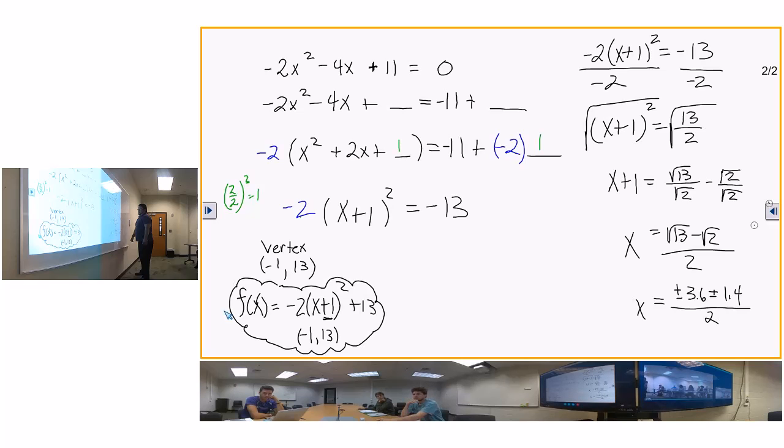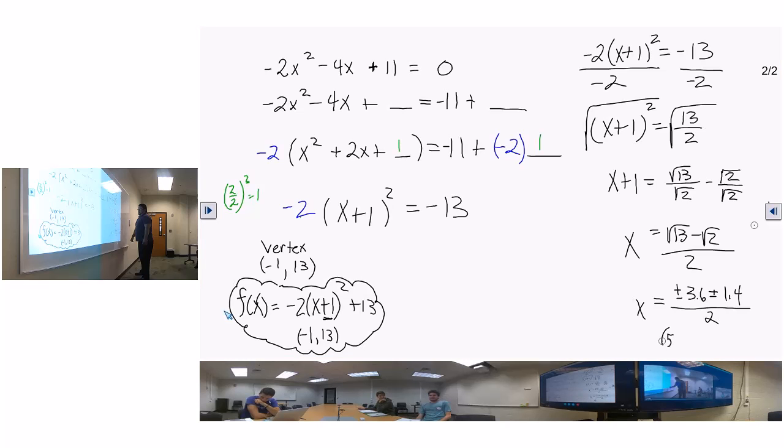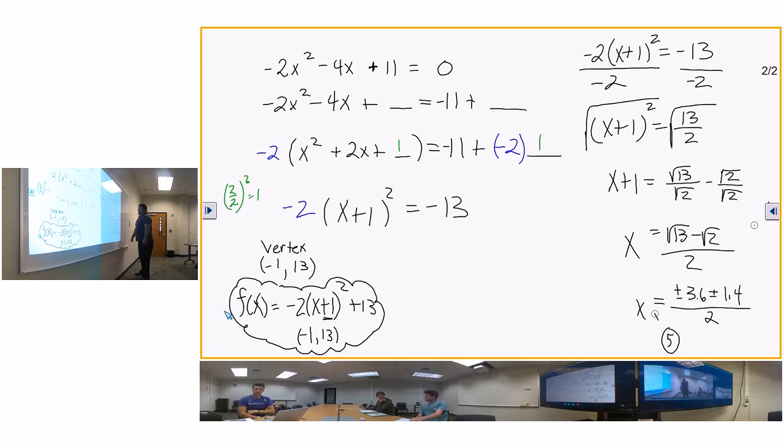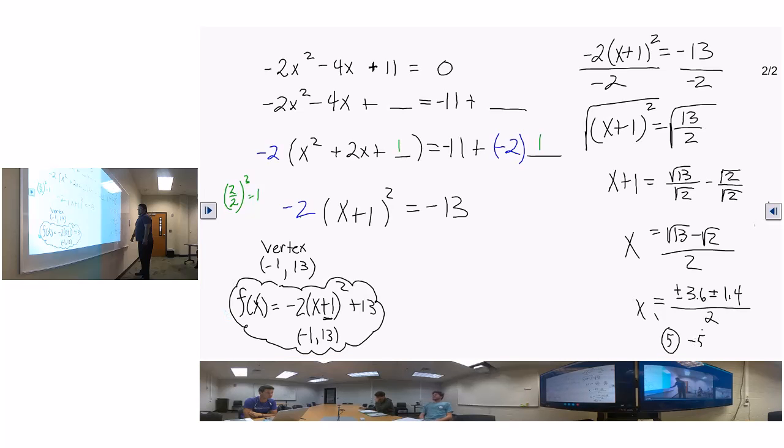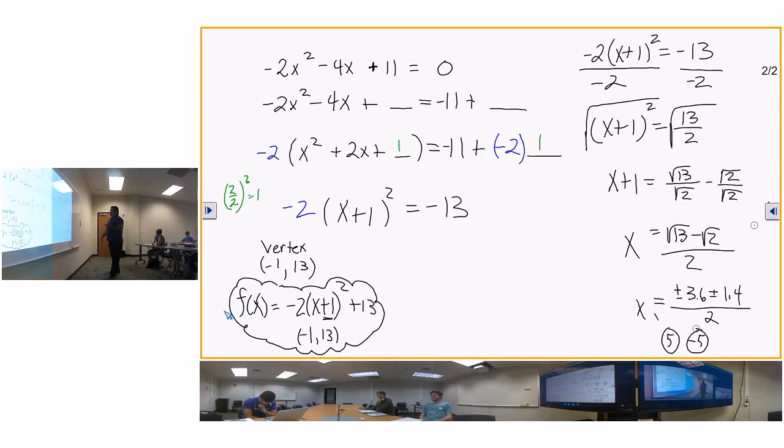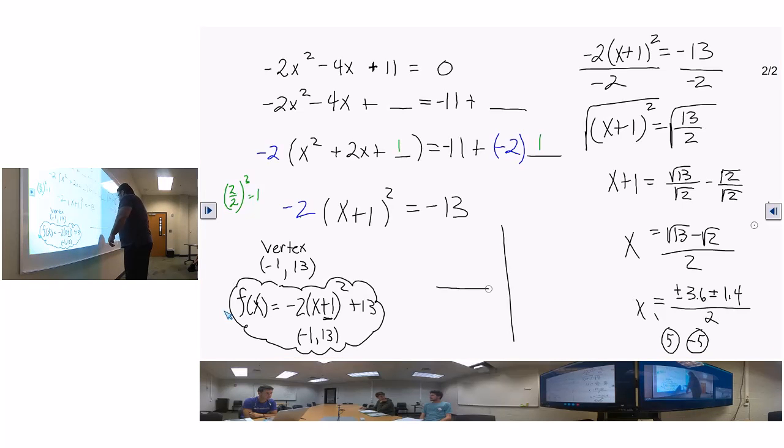And 3.6 plus 1.4, that's going to give you what? 5. So we know that 5 is one x-intercept. Negative 3.6 minus, that's negative 5. And see, I think I messed up. There are too many x-intercepts there. I should have picked 14 instead of, anyway.